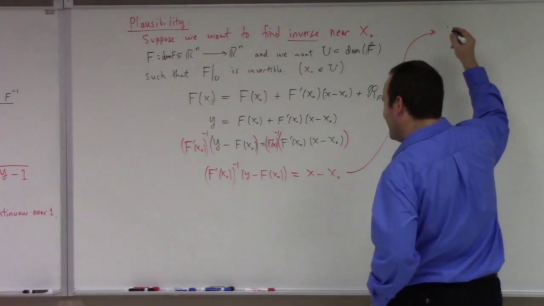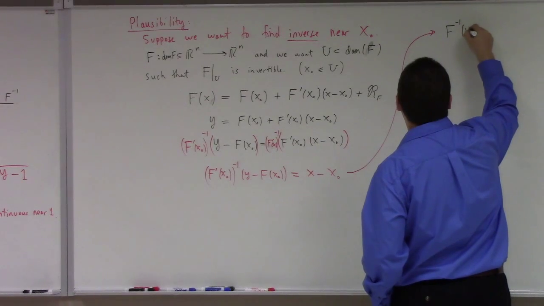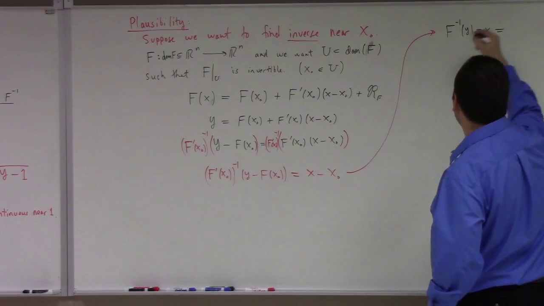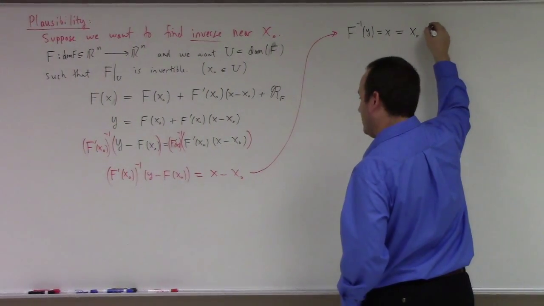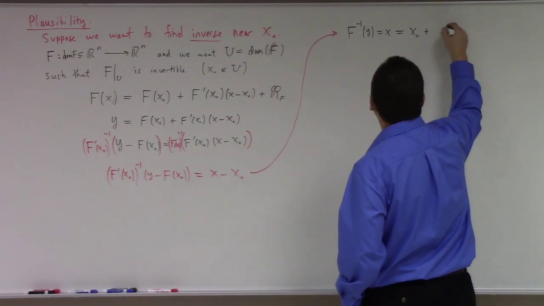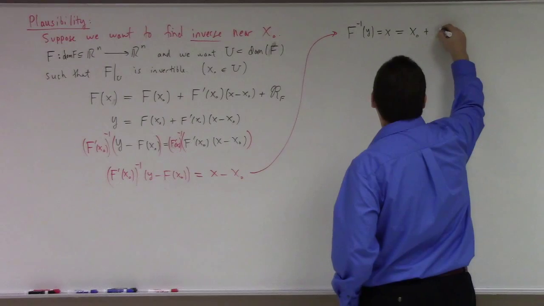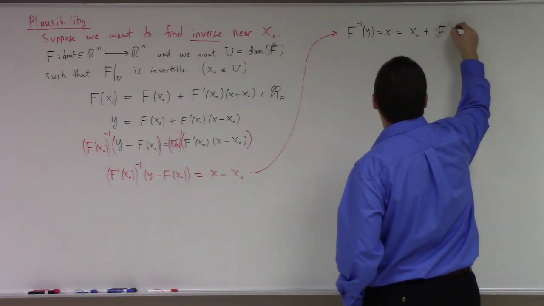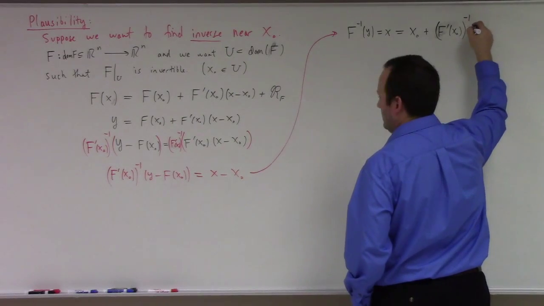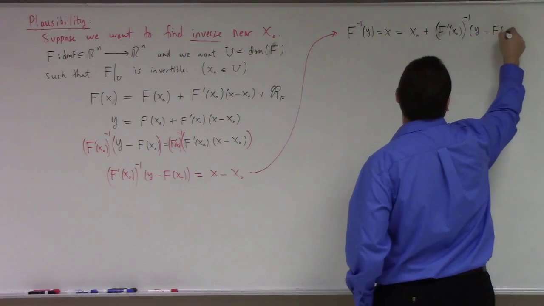So in short, we have then that f inverse of y, which is what we call x in this context, is just equal to x naught plus f prime of x naught, all of that inverse times y minus f of x naught.